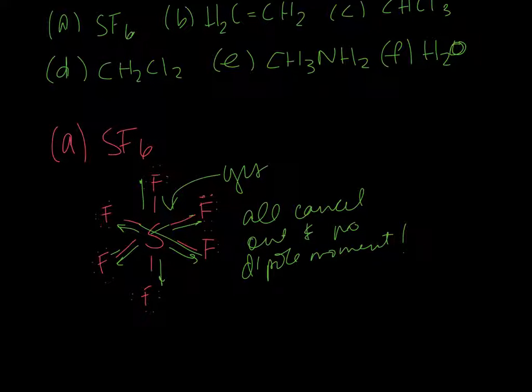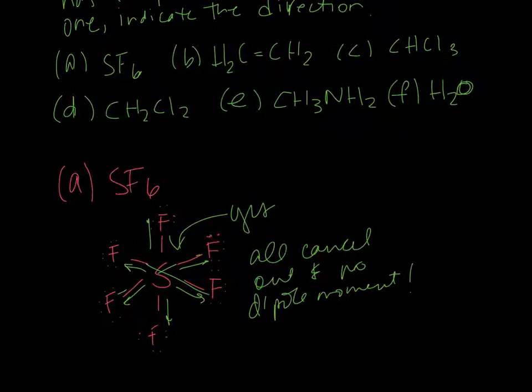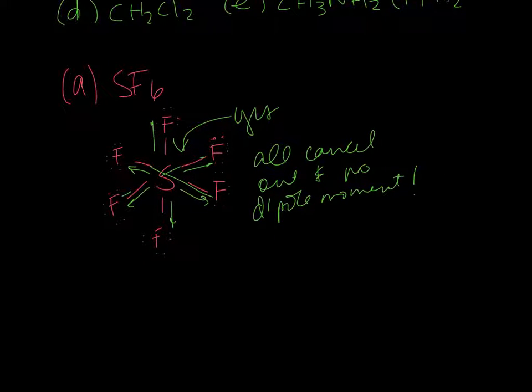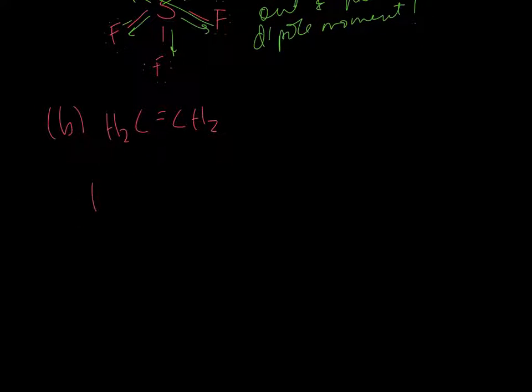All right. So B is H2C double bond CH2. So if I draw that here as a Lewis structure, then you end up with this.